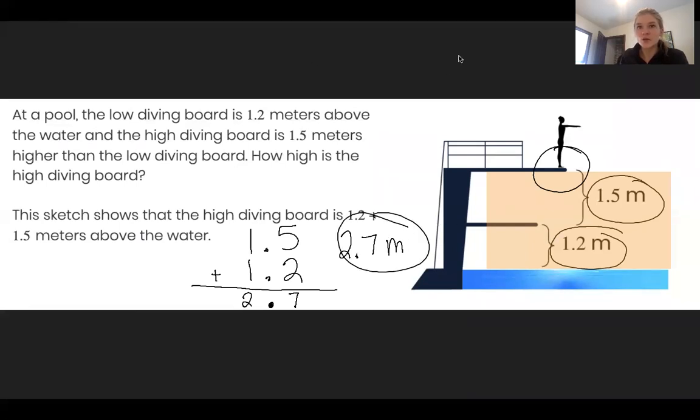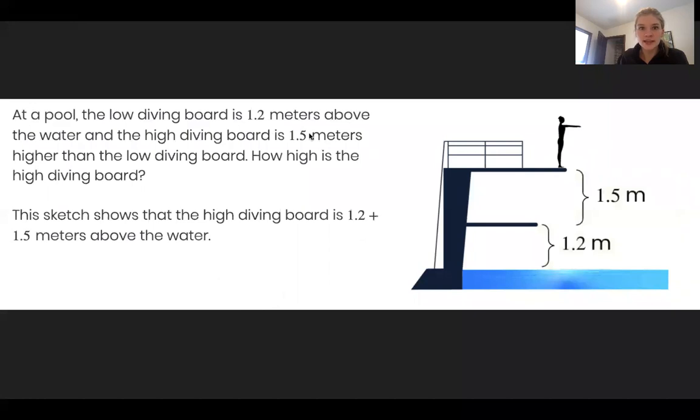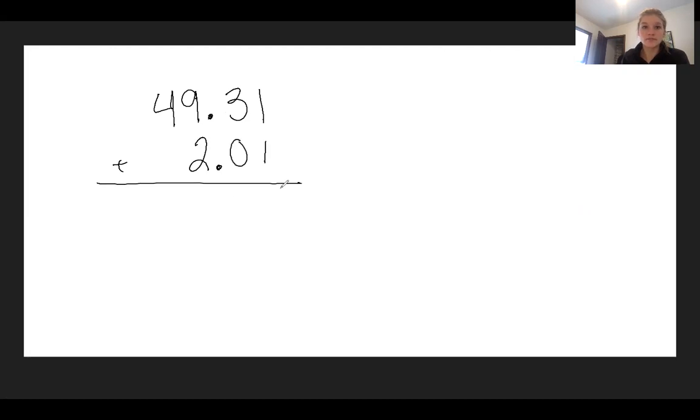All right, so we're going to continue practicing here, and I'm just going to plug in some different numbers and practice adding them together. Okay, so let's try 49 and 31 hundredths and 2 and 1 hundredths.